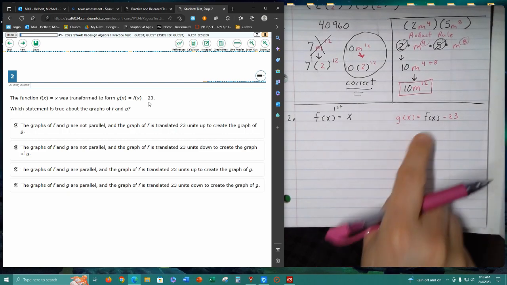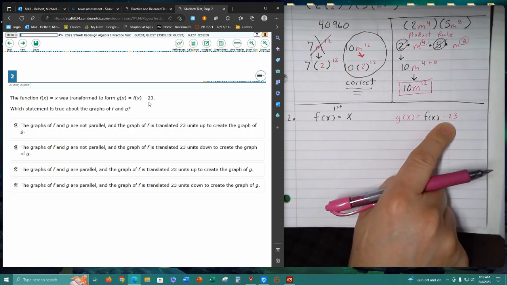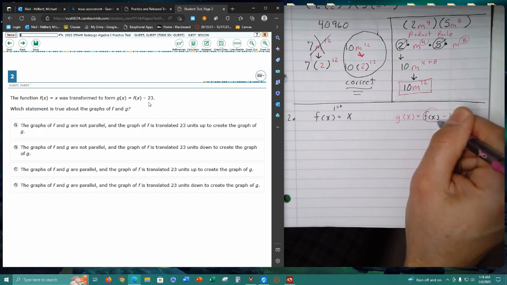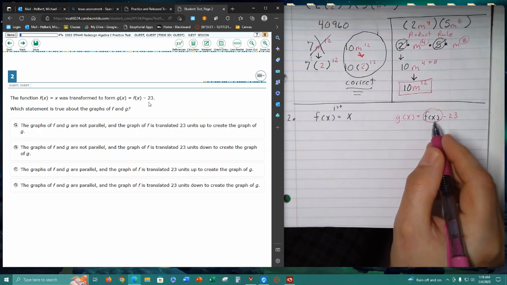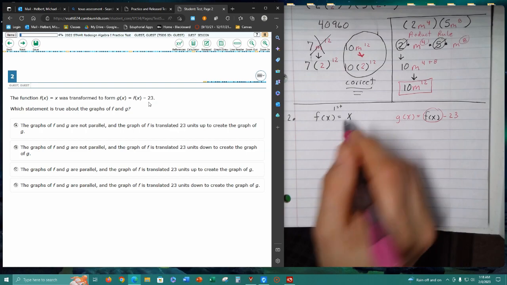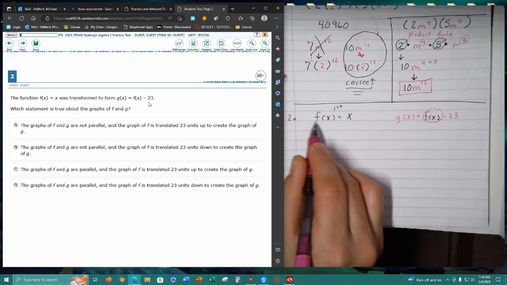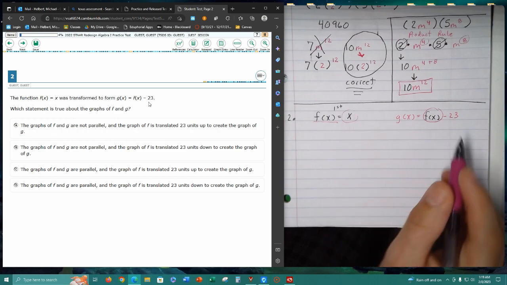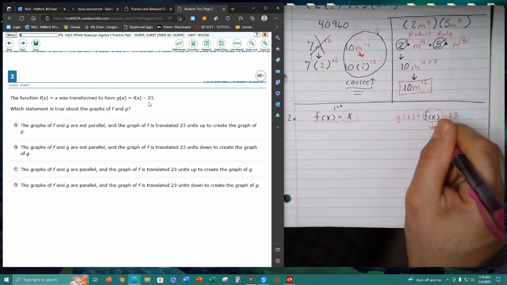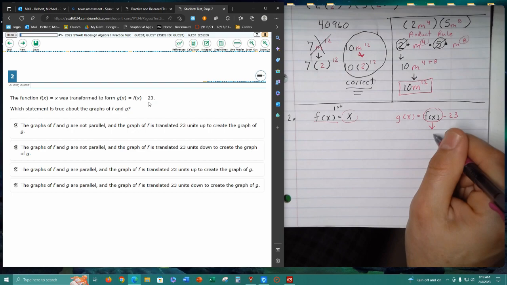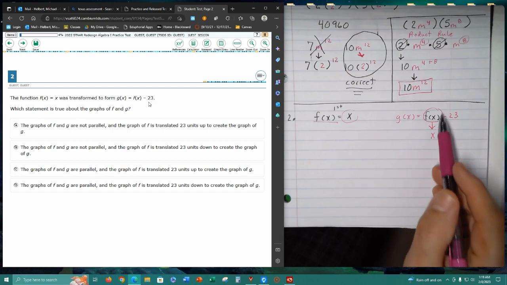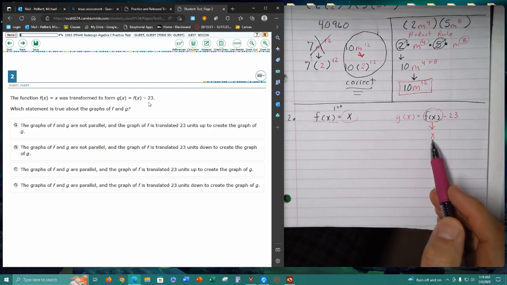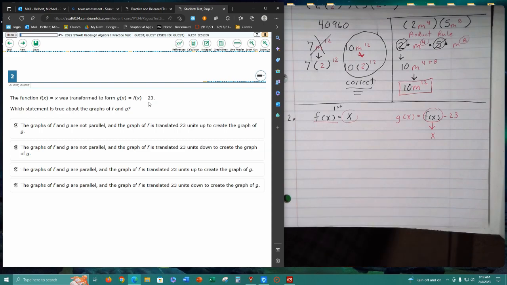Now notice they're telling me that it's equal to f of x minus 23. And why this looks confusing to me, what they're really just saying is whatever this f of x is equal to. And this f of x right here was just simply equal to x. So I'm going to replace f of x with what it's equal to, which is x. So in other words, I'm going to substitute this function notation with the variable x, which is what f of x is equal to.